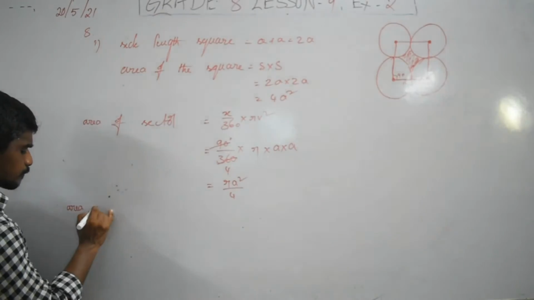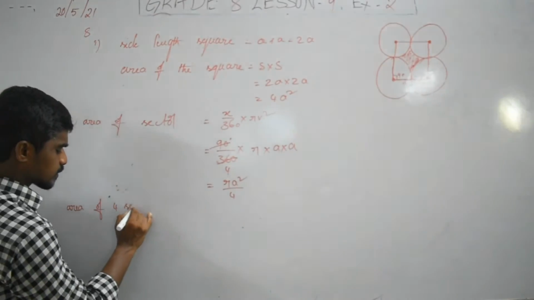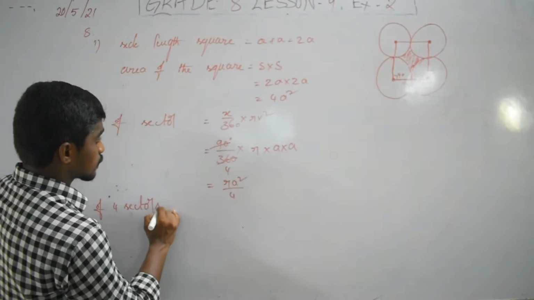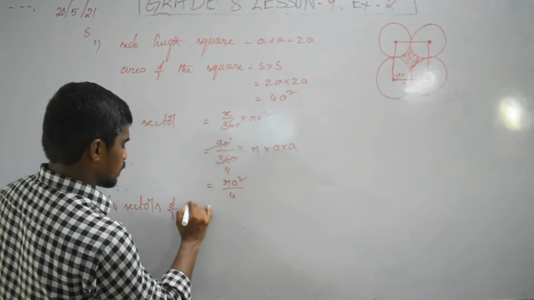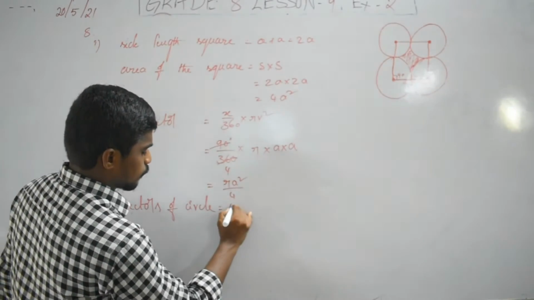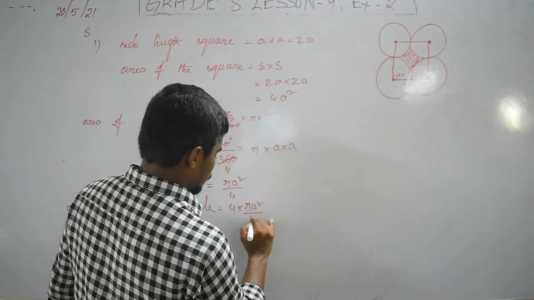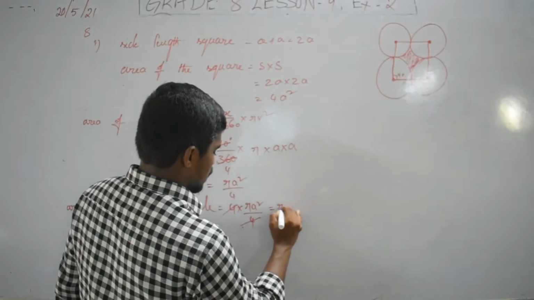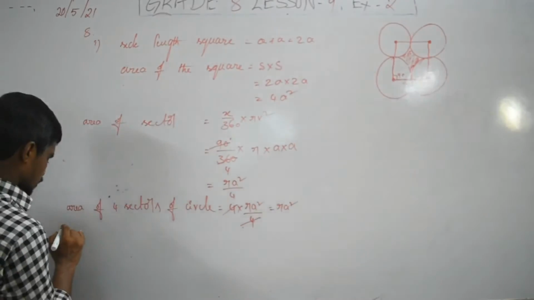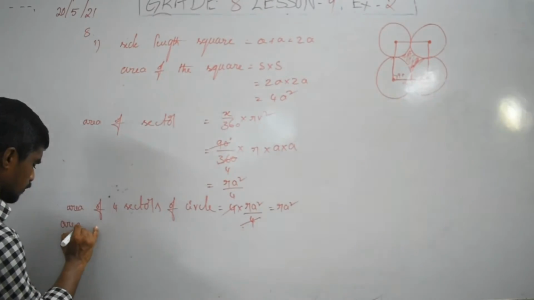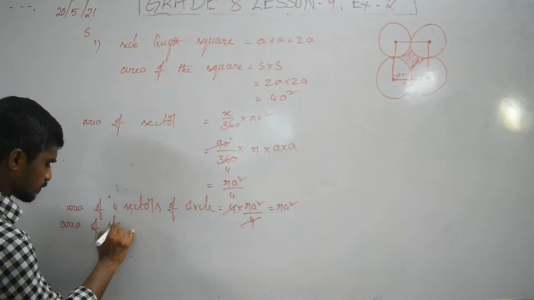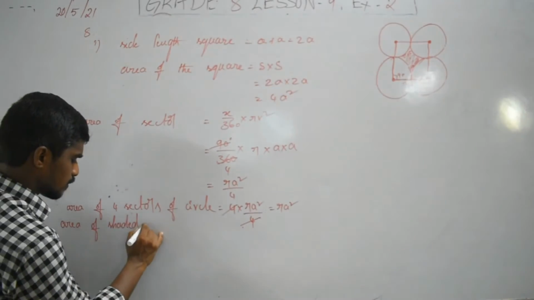So the area of 4 sectors of the circle is 4 times pi a square by 4. The 4s cancel, leaving pi a square.